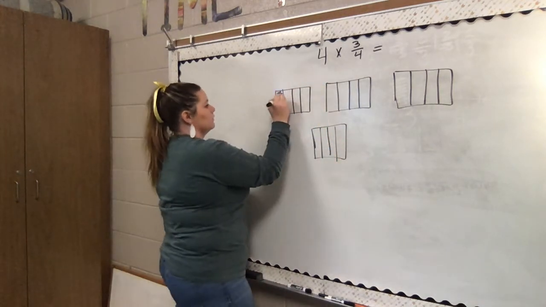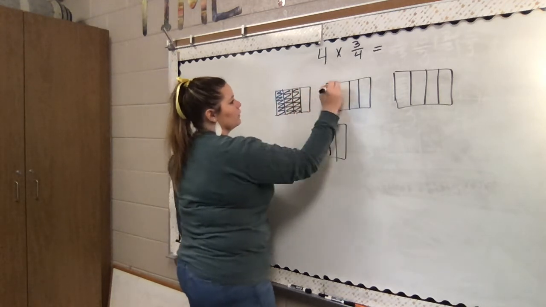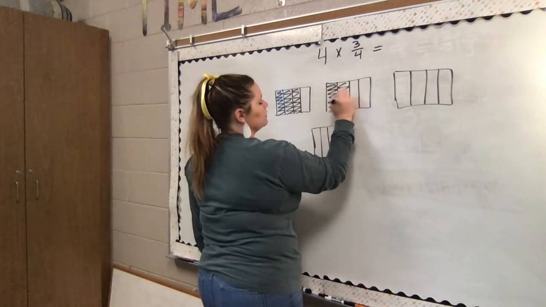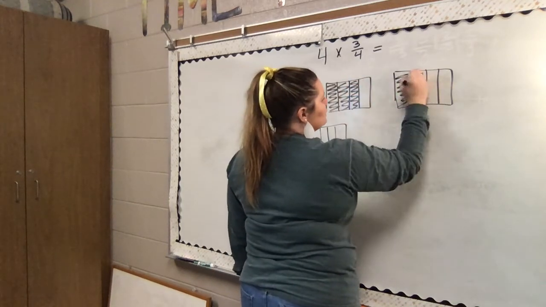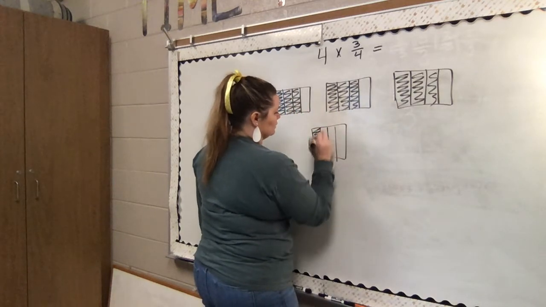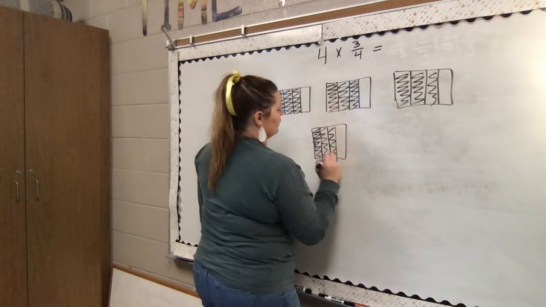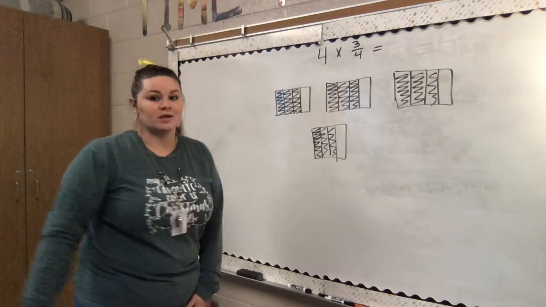1, 2, 3. 1, 2, 3. 1, 2, 3. 1, 2, 3. Okay, so then I can just count my fourths to see what my product is.